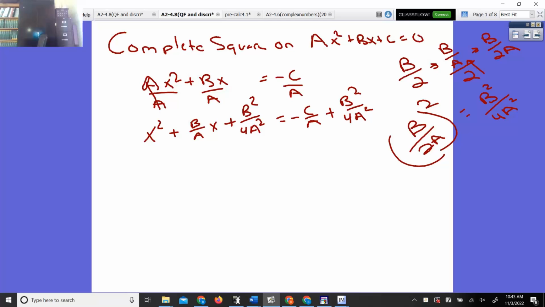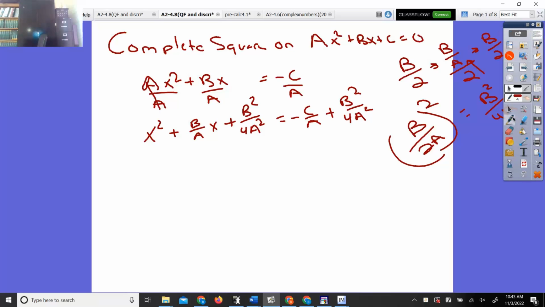So, back to the left-hand side. I drew arrows yesterday.